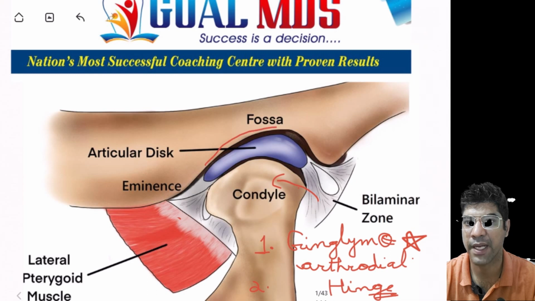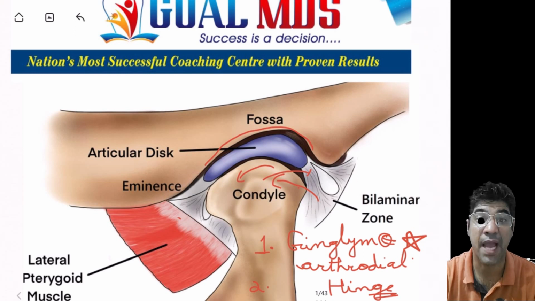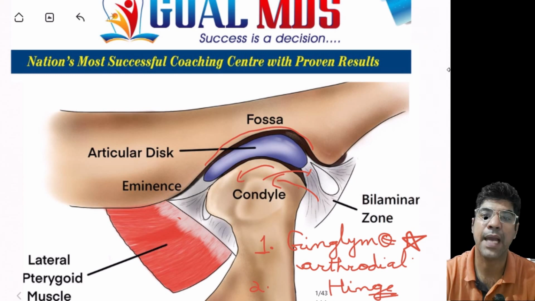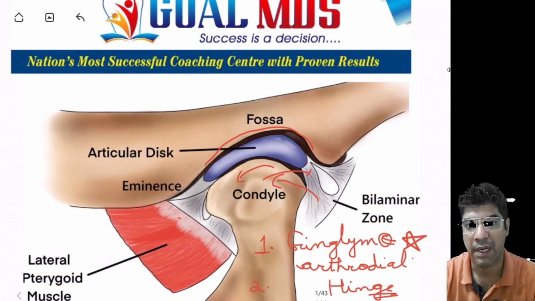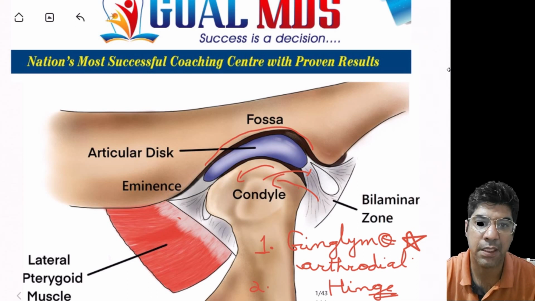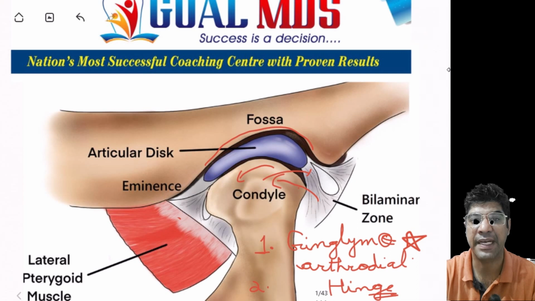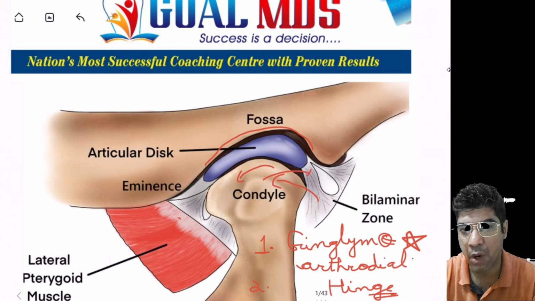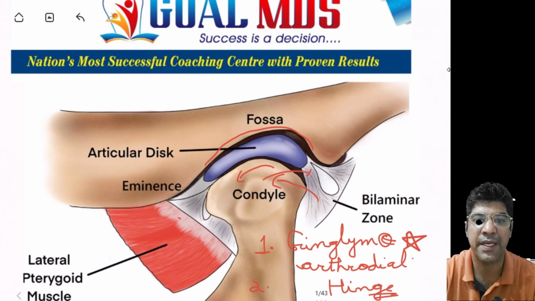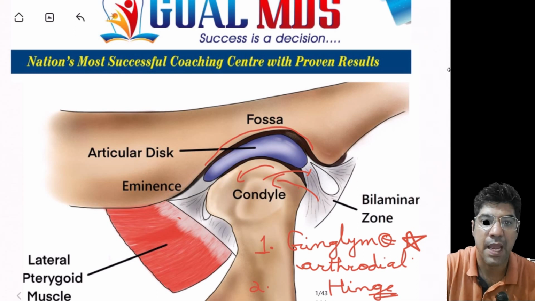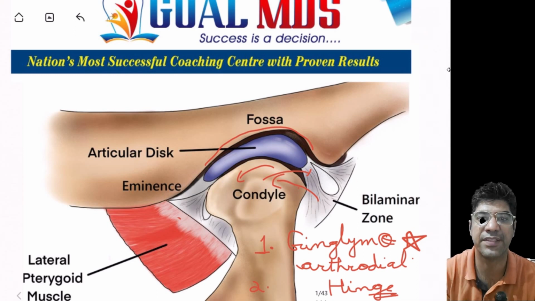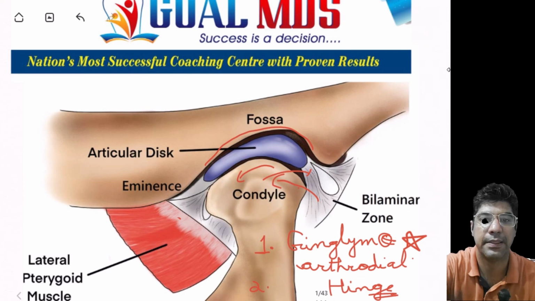This hinge joint is responsible for actions like opening and closing the mouth, like when you chew or speak. So that is why TMJ is known as a gliding joint due to its ability to glide, and a hinge joint due to its ability to rotate.